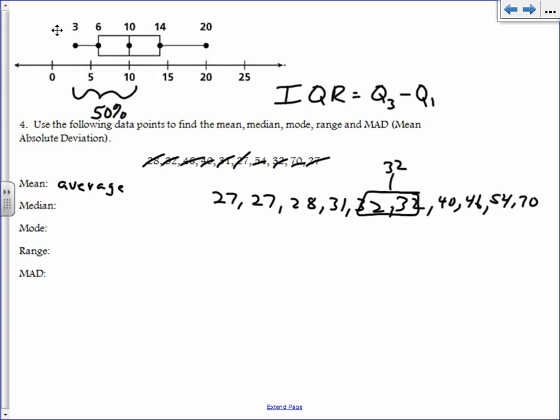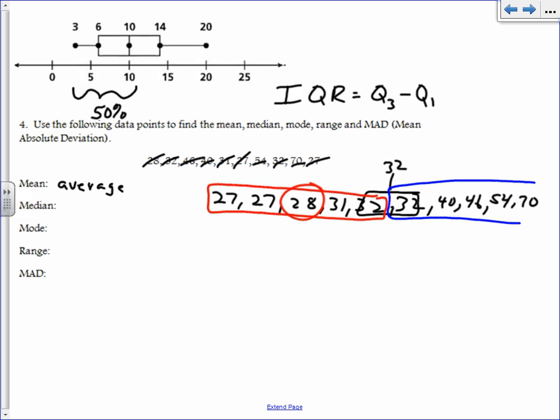Now look, this set of data right here is what's left. Because that was even to begin with, when I broke it down, 5 to the left of 32 and 5 to the right of 32, now I have an odd set of data, and I can pick out the middle number a little bit easier. Everybody good?